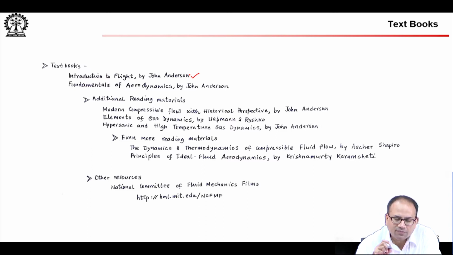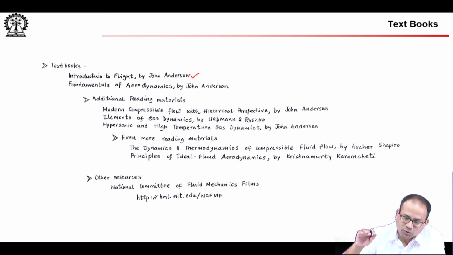This book has a very nice coverage of aerodynamics, structures, flight mechanics and propulsion. So, it gives you a broad coverage of the different verticals that are important in aerospace engineering. Aerodynamics is one of those verticals, but we also have propulsion, structures, and flight mechanics.